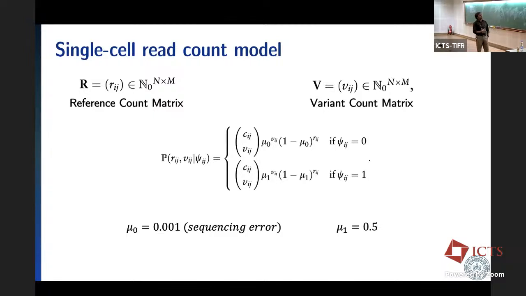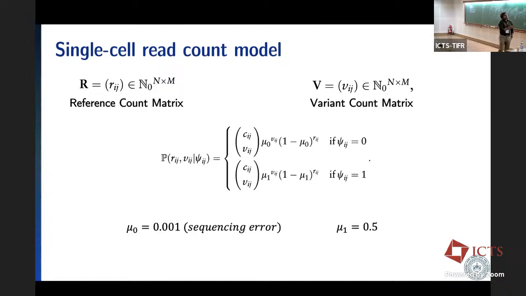Okay. So in the first scenario, if psi ij is equal to 0, that is the library genotype is unmutated, then mu0 is the probability of observing a variant allele, and this corresponds to something like a sequencing error. If the library genotype is unmutated, what is the probability that you will see a variant allele?